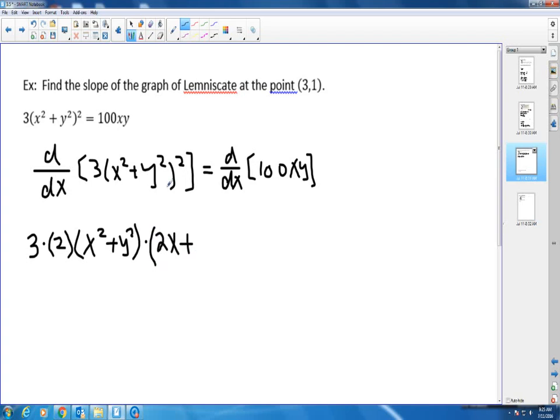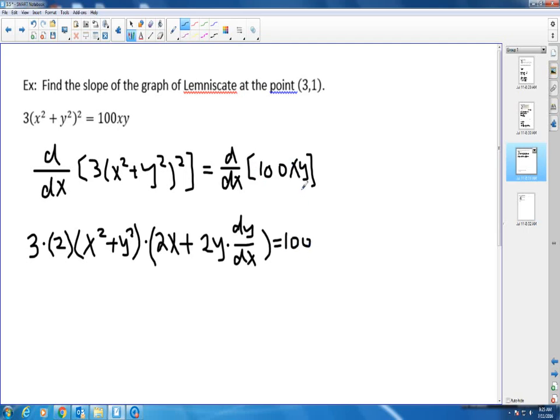Plus, when I do the derivative of the inside here, for y squared, that would be 2 times y times dy/dx. Okay, derivative of the outside of the inside y times the derivative of the inside, which is dy/dx, equals. Alright, I'm going to put out my constant 100.